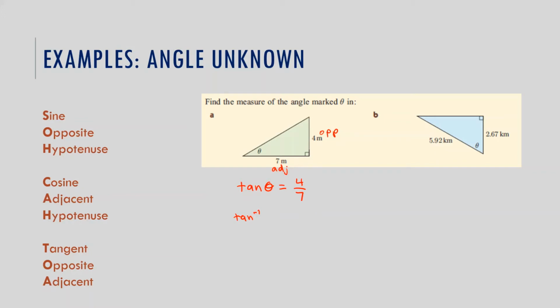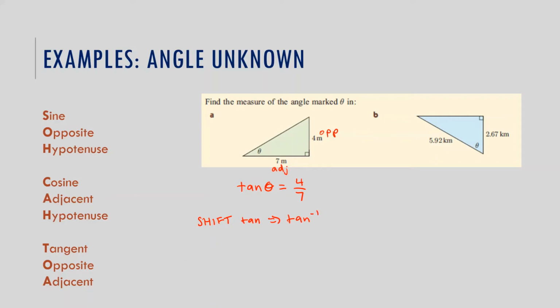To do that on your calculator, you'll need to press shift, the big yellow button on the left, and then press your regular tan button. That would give you tan inverse, or tan to the -1.